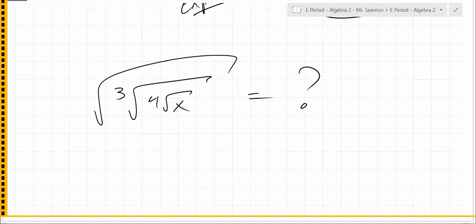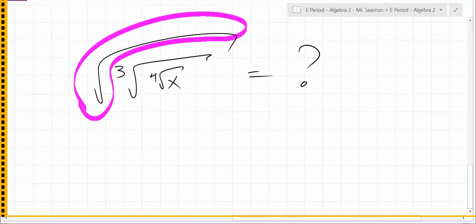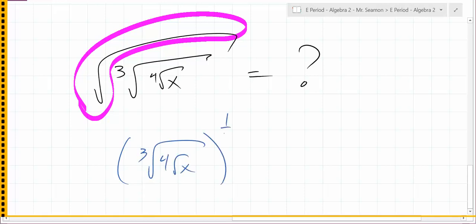Kids, that's the square root of the cube root of the fourth root of x. Tell me, what does this mean? What does square root mean? What power? It means 1/2 power. So you have the cube root of the fourth root of x to the what power? What does cube root mean?